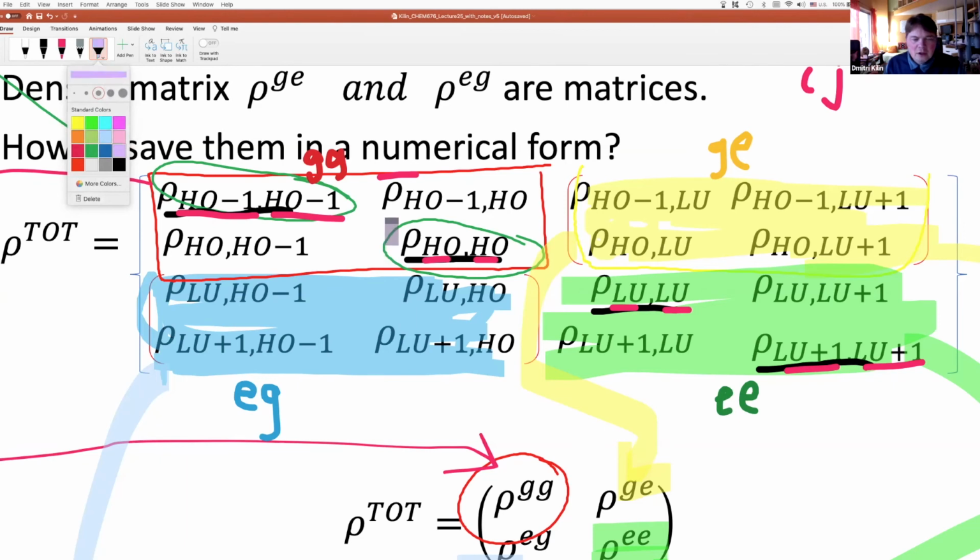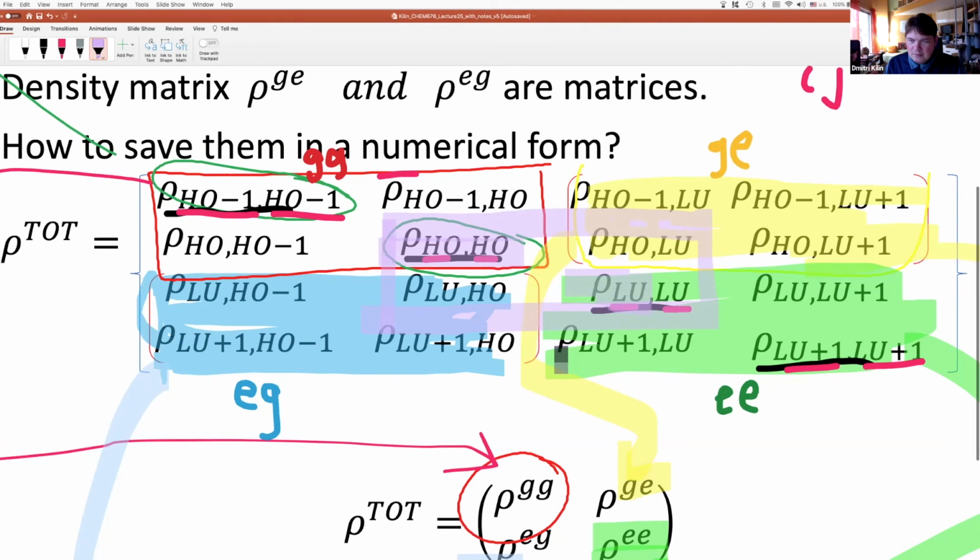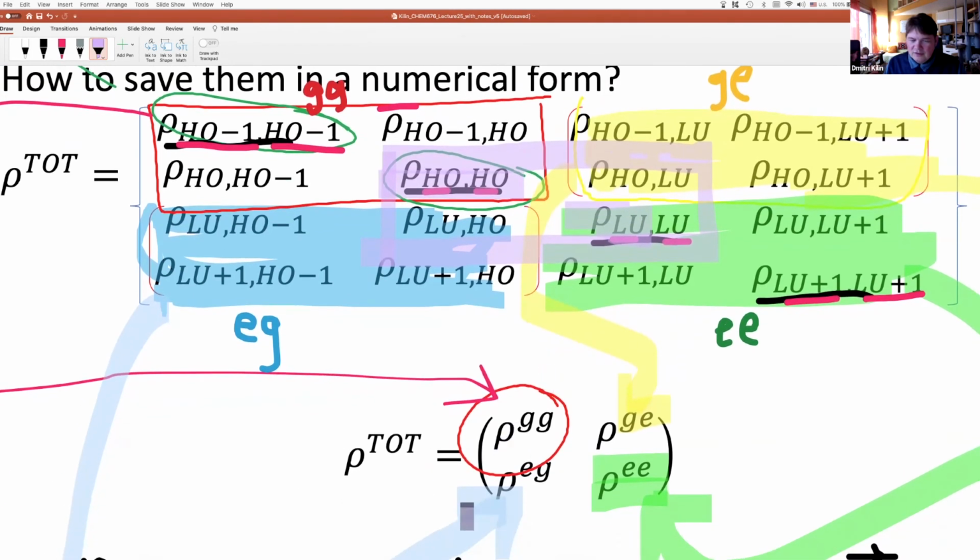If you have a molecule that has only one occupied and one unoccupied orbital, so only HOMO and LUMO, then our density matrix will be 2 by 2, right? One element corresponds to ground density, one element corresponds to excited, and two elements correspond to transitions. So the simplest density matrix will be just rho GG, rho EE, rho GE, rho EG.